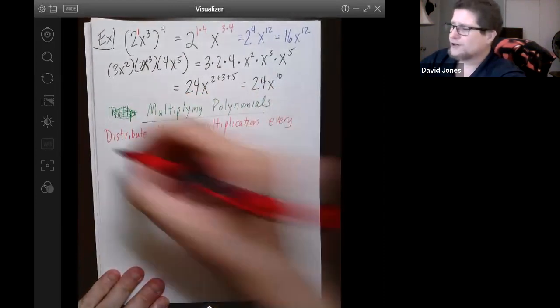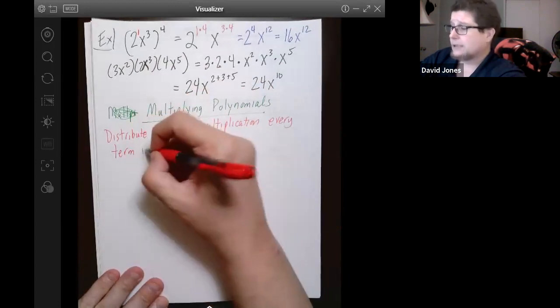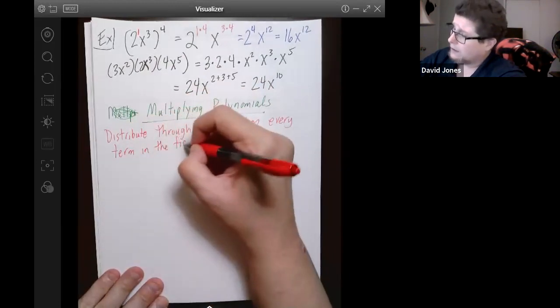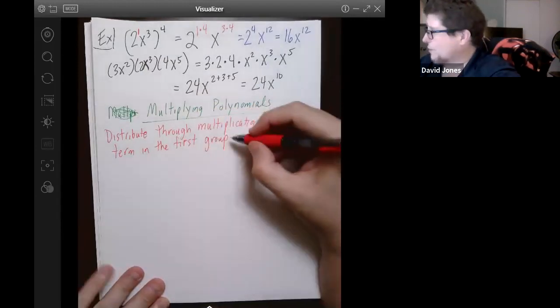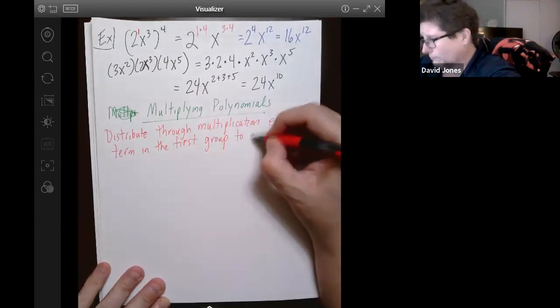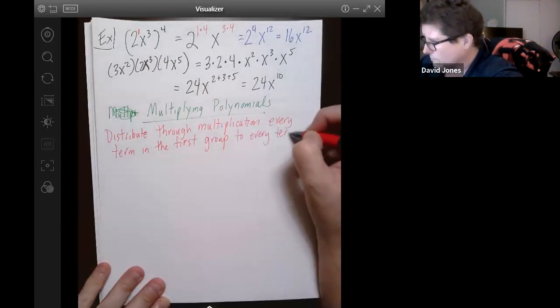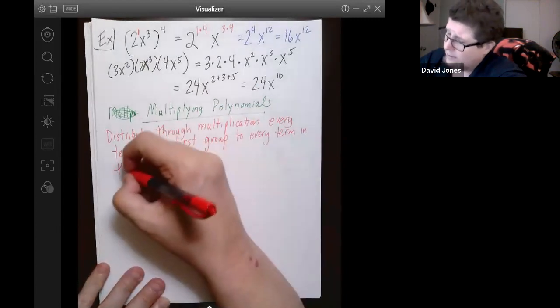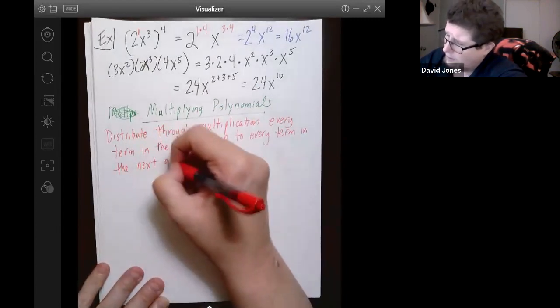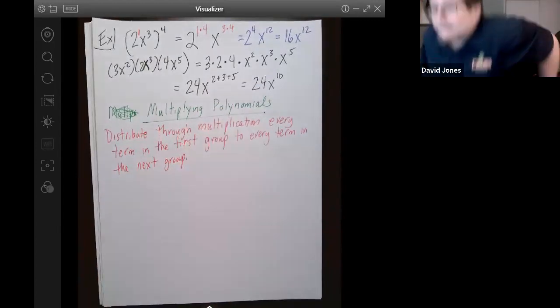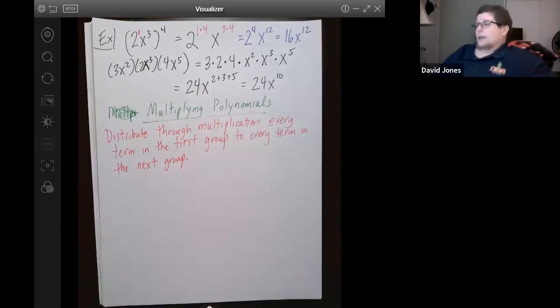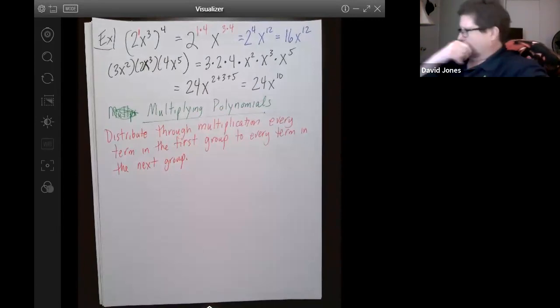Every term in the first group to every term in the next group. Let's write that down. So I really think this is just best by example. Let's give an example.